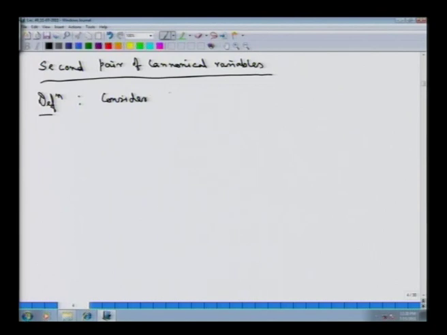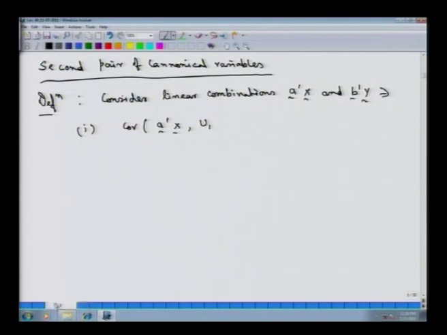Consider linear combinations a' x and b' y such that, number 1, a' x is uncorrelated with the first canonical variable, that is, the covariance between a' x and u1, where u1 is the first canonical variable which we have defined here.